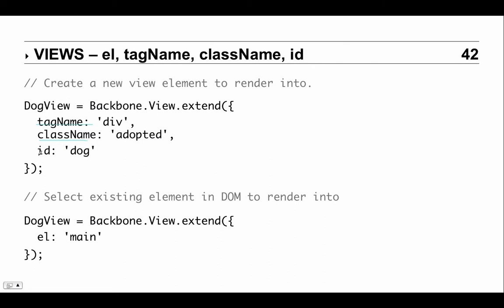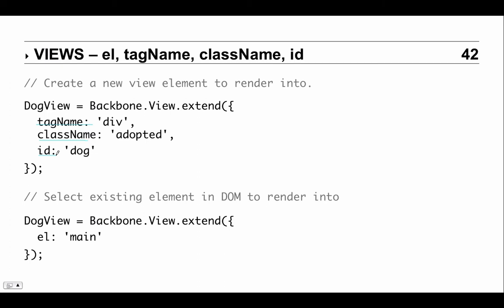And what these will do is they will create an element to render the view into. So this could be an element that's not yet inserted in the DOM. It's an element that will exist in memory, and then later on when we render the view, it will take this element along with any content that's inside of it and then render that into the DOM.